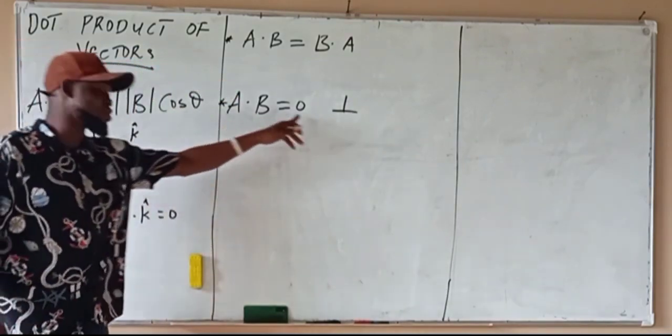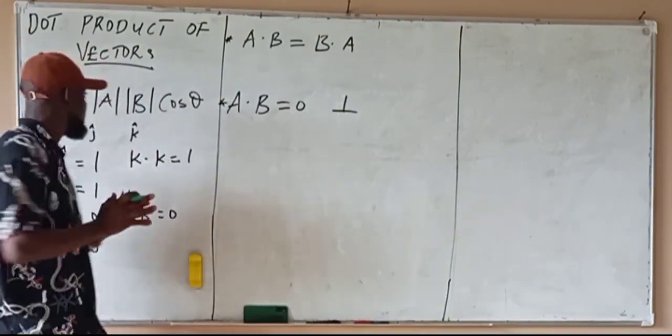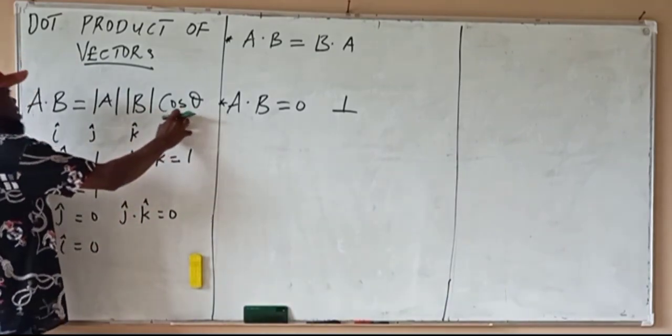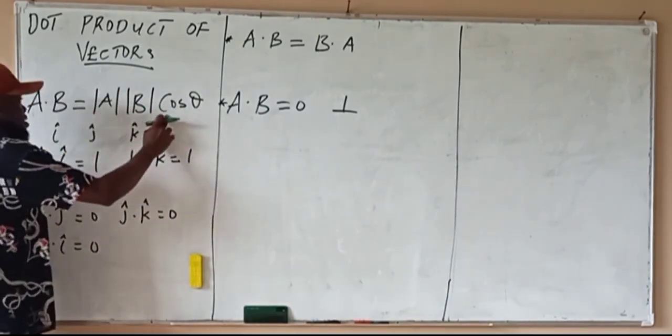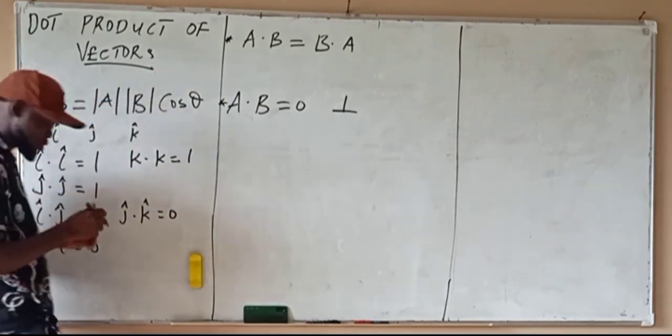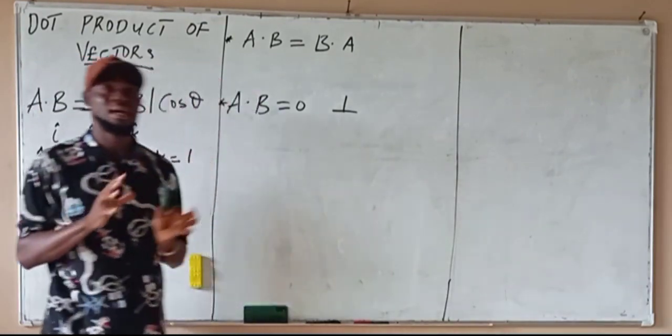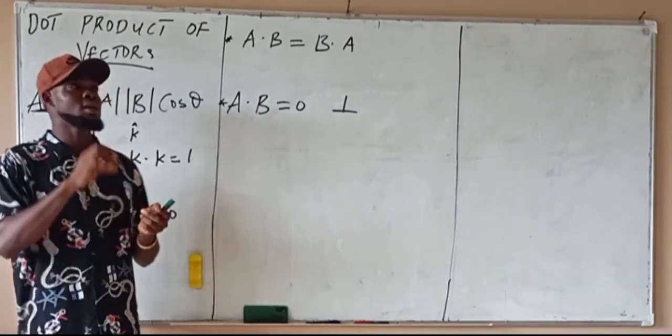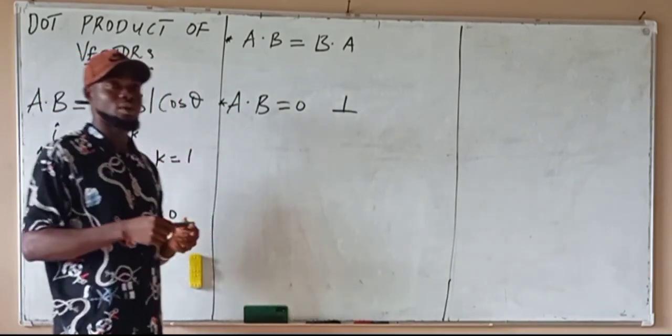If the angle between them is 90 degrees, cos 90 is 0, and 0 multiplied by anything gives 0. So A dot B will be equal to 0. Take note of that. If A and B are two perpendicular vectors, their dot product will be 0.